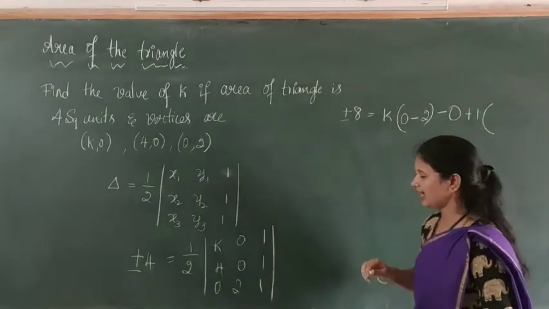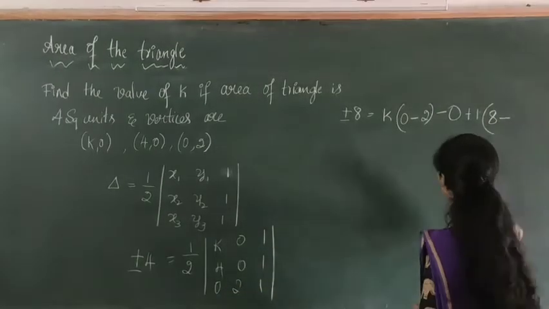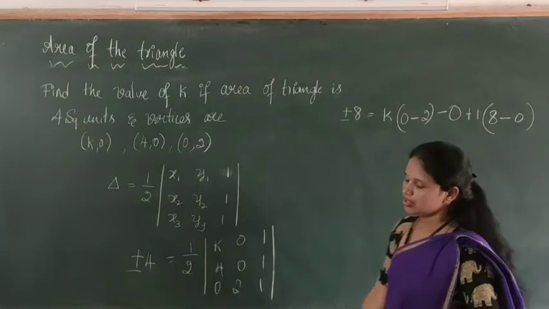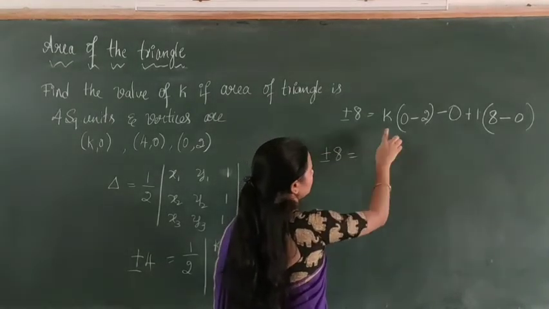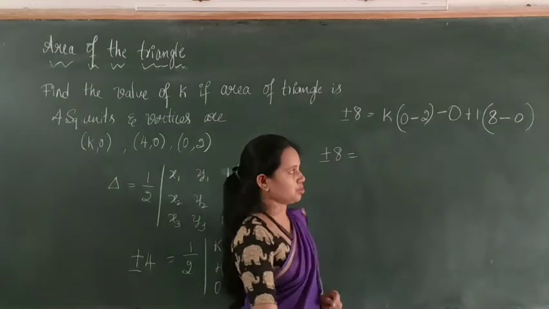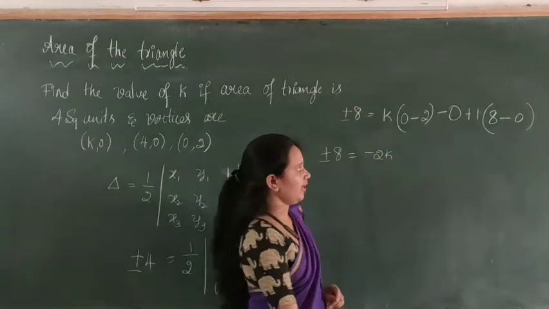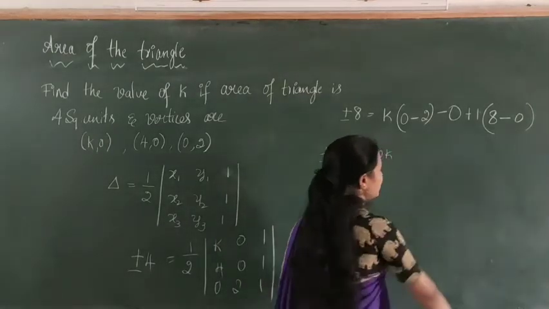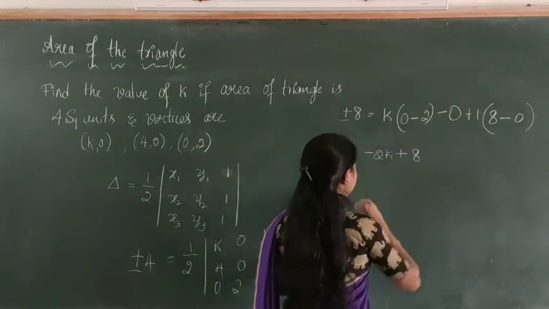So here 4 2s are 8 minus 0 into 0, 0. So plus or minus 8 equal to 0 minus 2, minus 2, so minus 2 into k, minus 2k. 8 minus 0, 8. 8 into 1, plus 8.